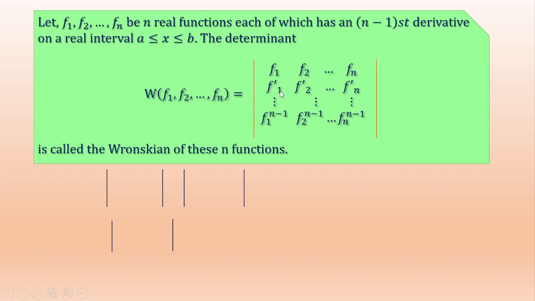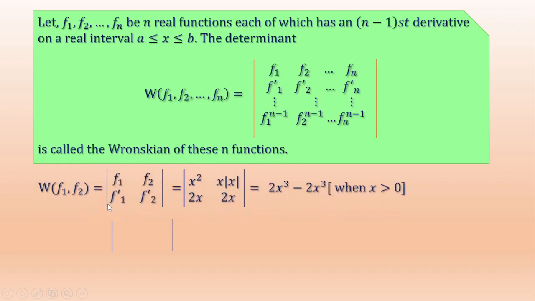The second row is f1 dash, f2 dash up to fn dash, the first order derivatives. The next row is f1 double dash, f2 double dash, fn double dash, and it goes up to the (n minus 1)th order derivative of f1. This is called the Wronskian of these n functions.